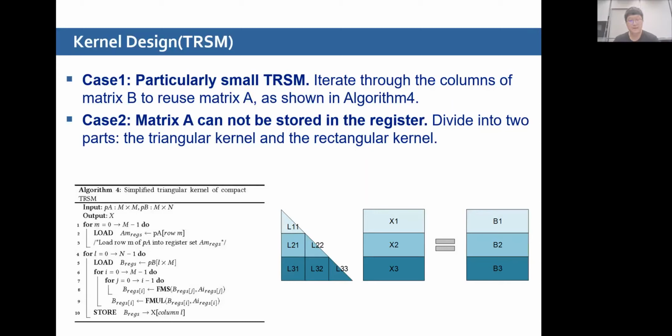Second, when A cannot be stored in the registers, as shown in the figure, the problem is divided into a triangular part and a rectangular part. The triangular part can apply the template of ARMv8, and the rectangular part uses the GEMM kernel template.